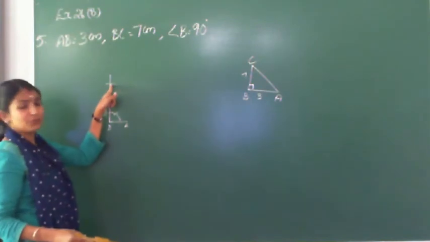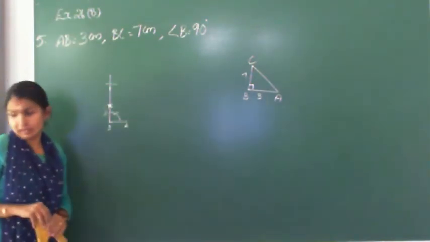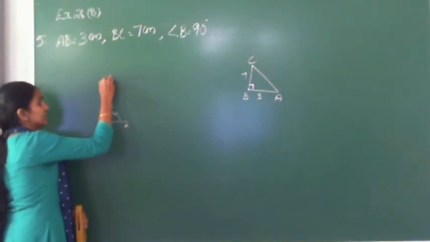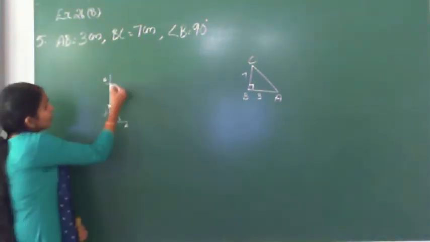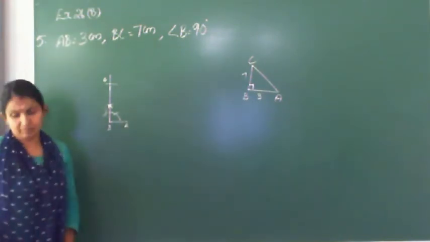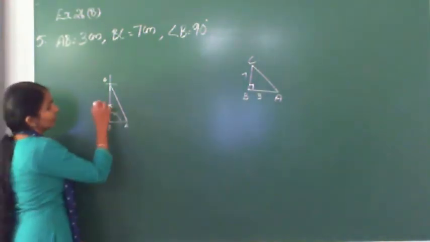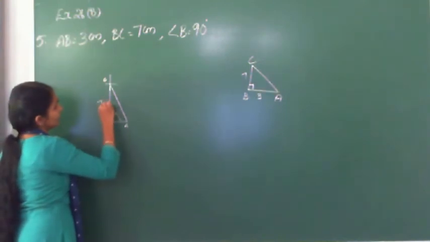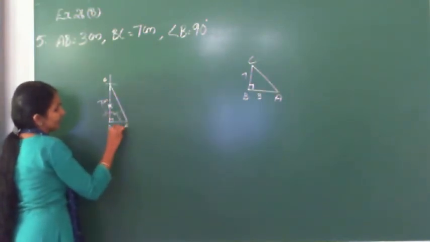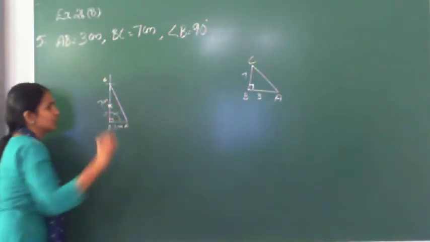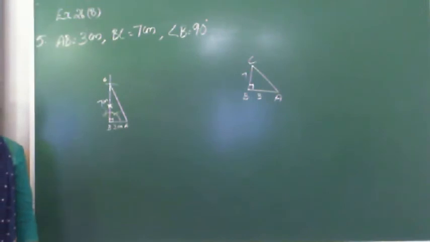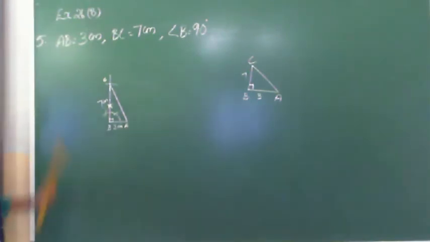So this point is C. Mark this point as C. Now join C and A with the scale. Now here we can write this one is 7 centimeter, this one is 90 degree and this is 3 centimeter. This is the required triangle ABC. This is question number 5.